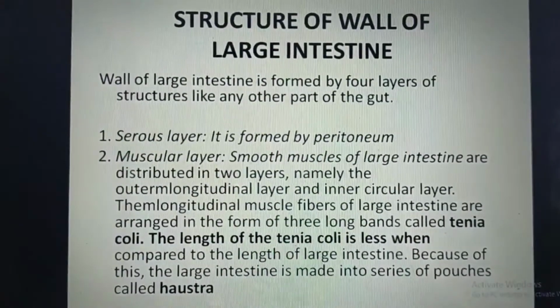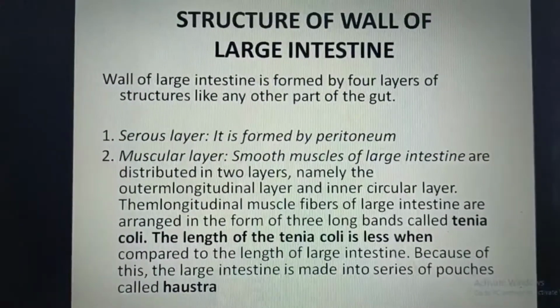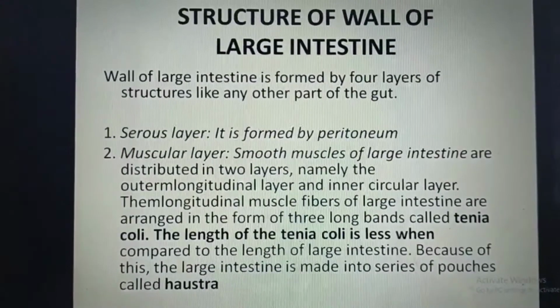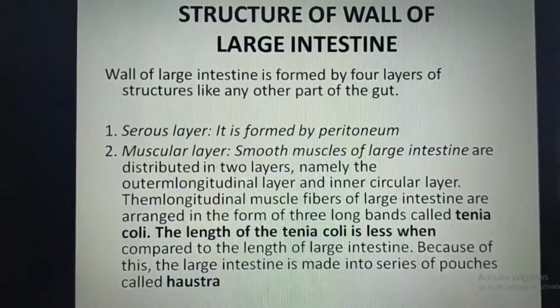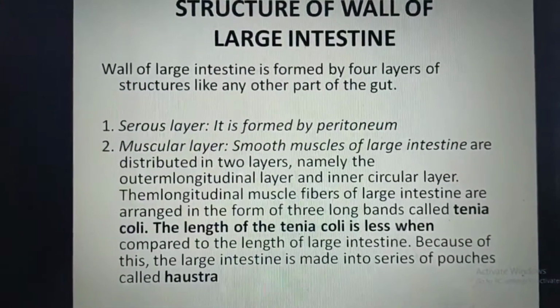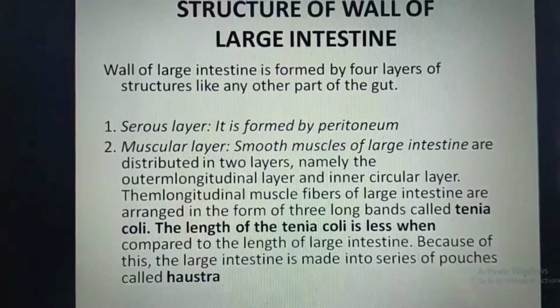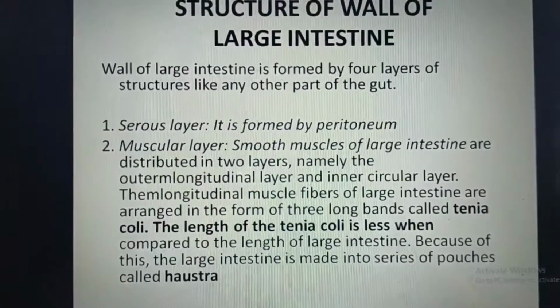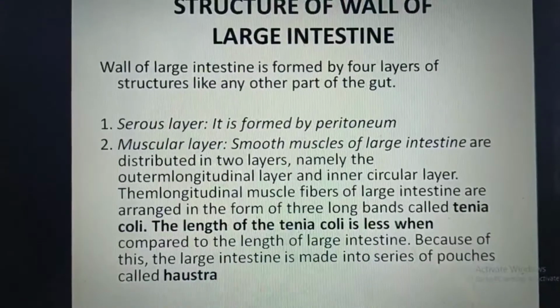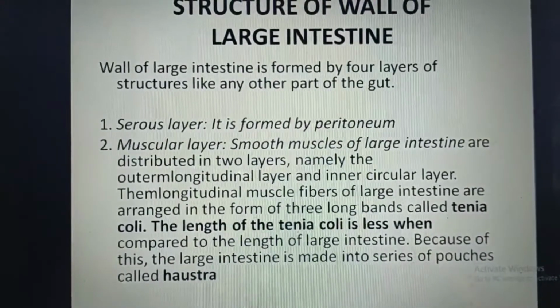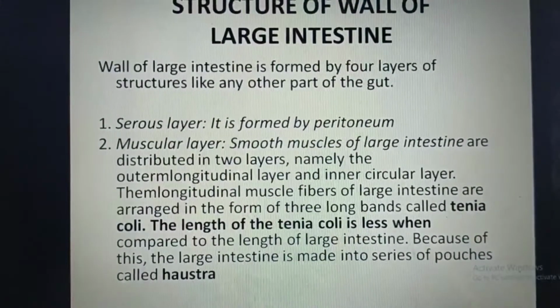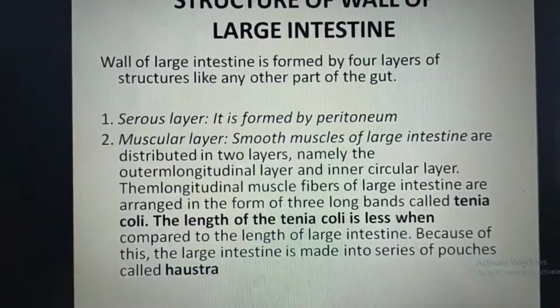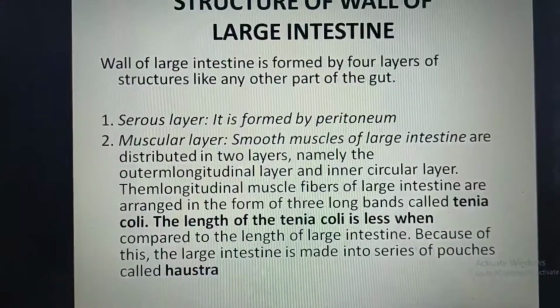Structure of the wall of large intestine. Wall of large intestine is formed by 4 layers of the structures like any other parts of the gut. First is the serous layer. It is formed by the peritoneum. Second is a muscular layer. Smooth muscles of large intestine are distributed in 2 layers, namely the outer longitudinal layer and inner circular layer.